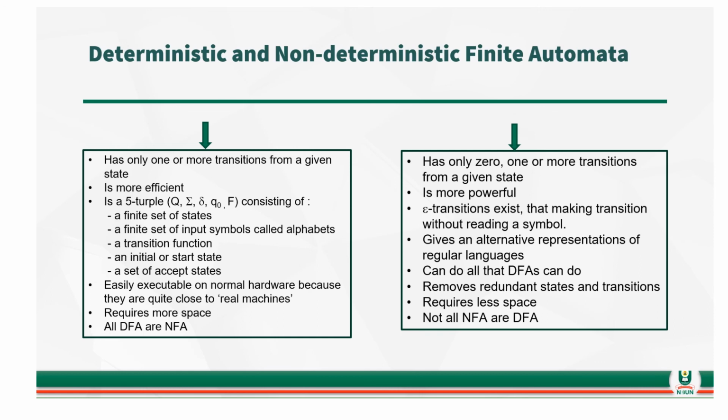Of course, an NFA can do all that DFAs can do. It can remove redundant states and transitions. And unlike the DFAs, it requires less space. Not all NFAs are DFAs, though all DFAs are NFAs.